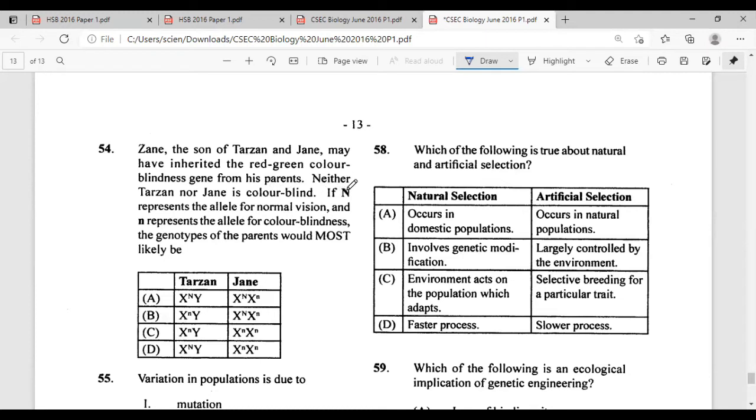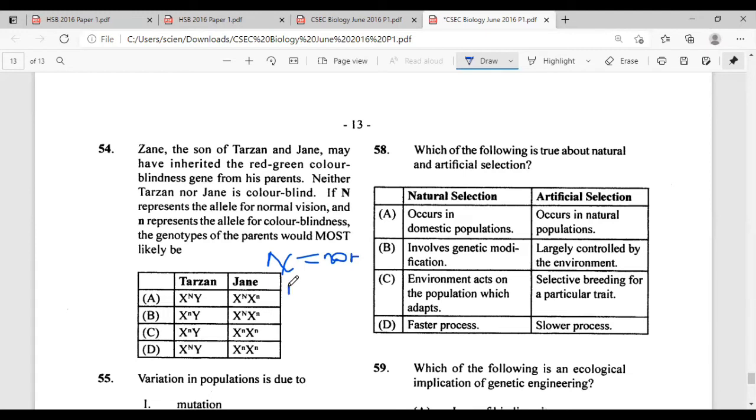So if capital N represents the allele for normal vision and small n represents the allele for colorblindness, the genotype of the parents would be. Normally, I'll write it down. So big N equals normal, I'm going to write NOR for normal.